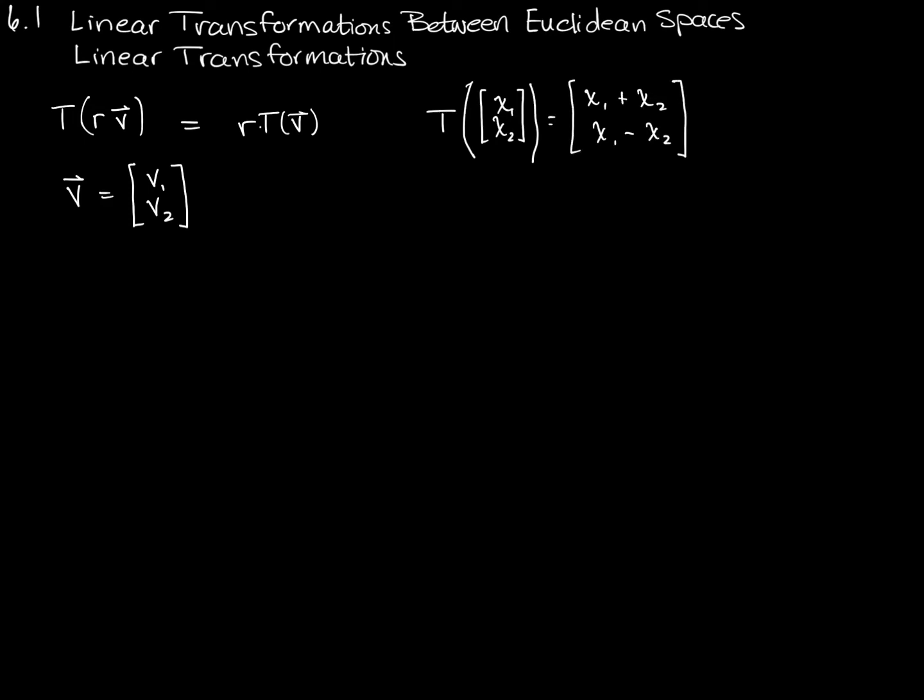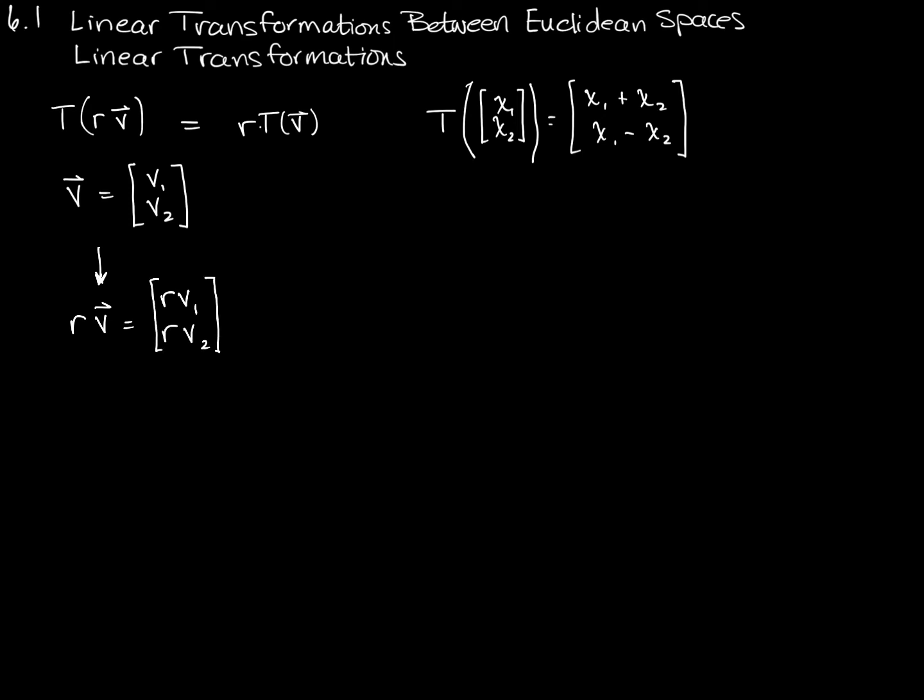So that's my transformation. In order to test this for homogeneity, remember that scalar multiplication of a vector just produces a different vector, right? So given that V is V1, V2, R times V is just R times V1, R times V2.